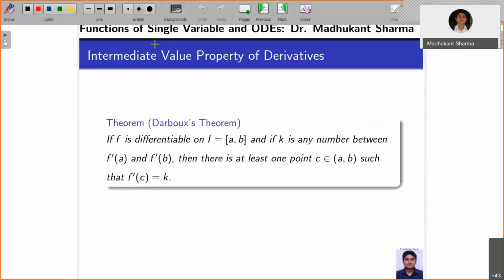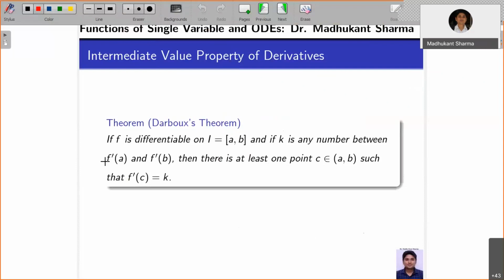This is also known as Darboux's theorem. If f is differentiable on a closed interval I, and if k is any number between f dash of a and f dash of b, then there is at least one point c in the open interval ab such that f dash of c is equal to k.